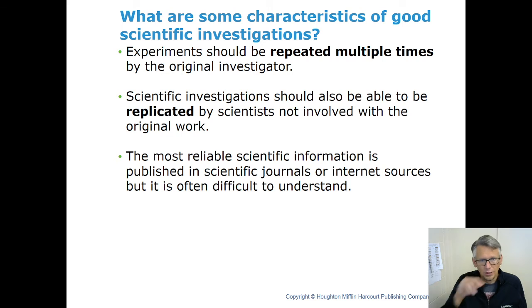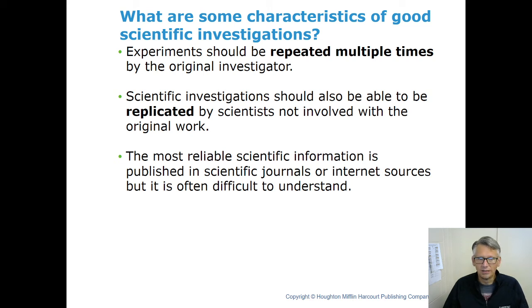That means that you can start the experiment, end it, start it, end it, start it, end it. Or maybe if you're growing something, you don't just grow one thing, you grow 10. That's one of the things that Gregor Mendel got in trouble with, is he didn't have a large enough population of his plants. And also it needs to be able to be replicated, and that is important.